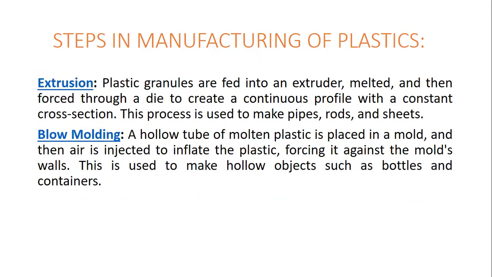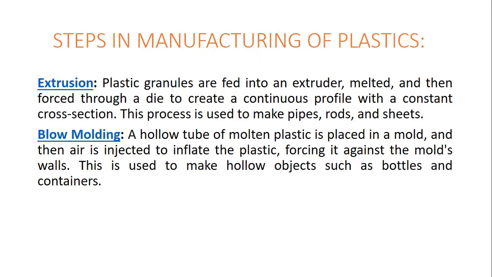Next one is the extrusion process. Here, the plastic granules are fed into the extruder, melted, and then forced through a die to create a continuous profile with a constant cross-sectional area. Generally, this process is used for fabricating pipes, rods, and sheets.